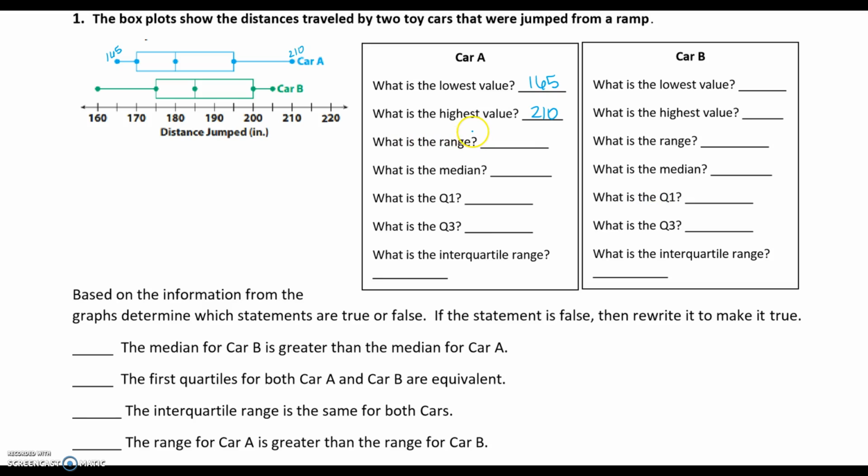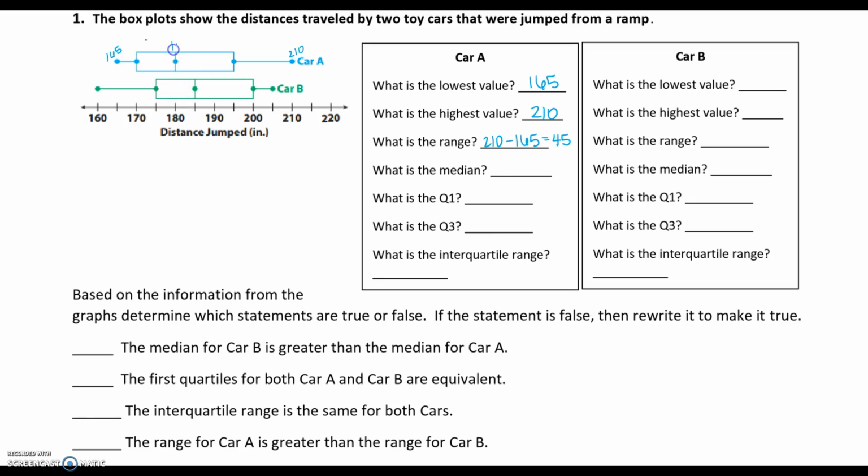So what is the range? Range, remember spread, we spread our arms out, farthest to the right and furthest to the left. So range is 210 minus 165. So that's 45. Okay. And then the median. So we don't have to calculate it this time. We just look for the middle of the box.